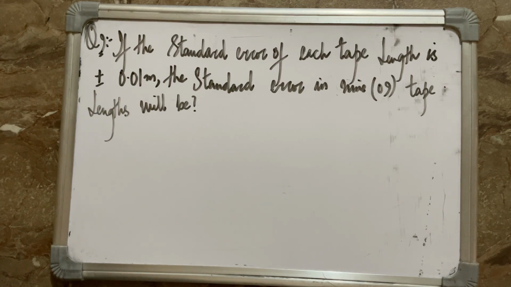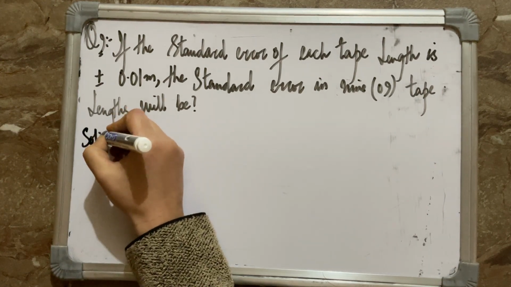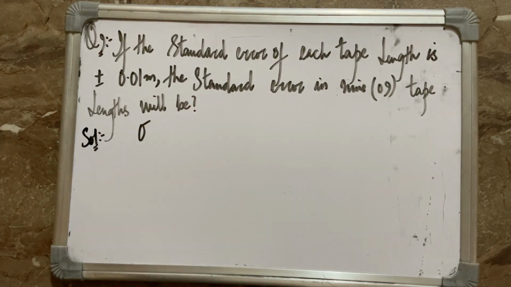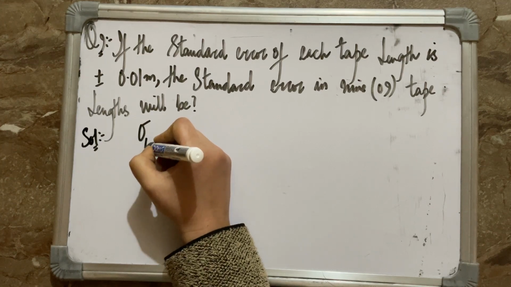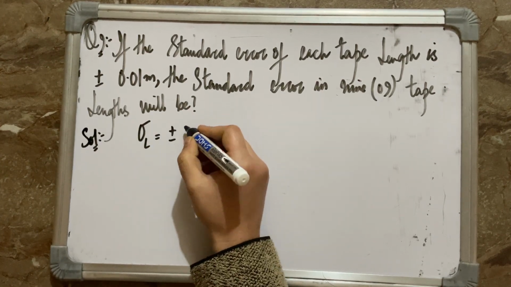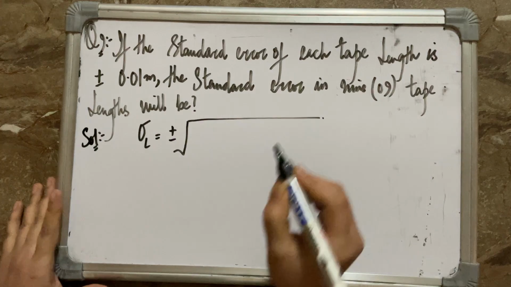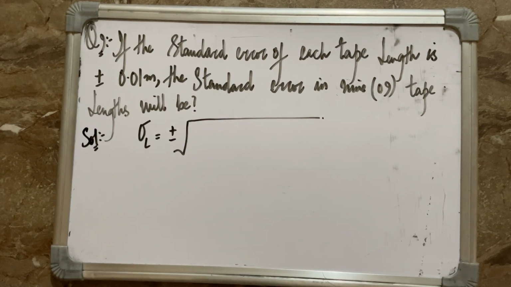This is the case of addition of the quantities. The general expression for the standard error in the 9 tape lengths will be plus minus square root of the standard error in each of the tape lengths, summing them up.